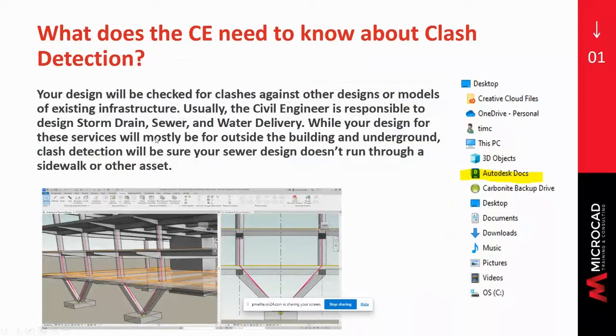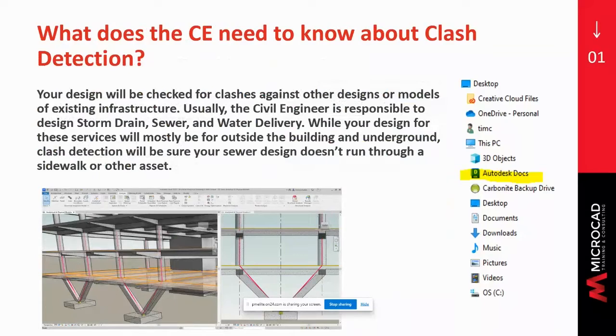Okay, so here's a little slide here, and we're going to talk about what you as the CE need to know about clash detection. I find that usually if you're a strict civil type firm on the project, a good chance what you're doing is sewer, storm drain, and water delivery, right?